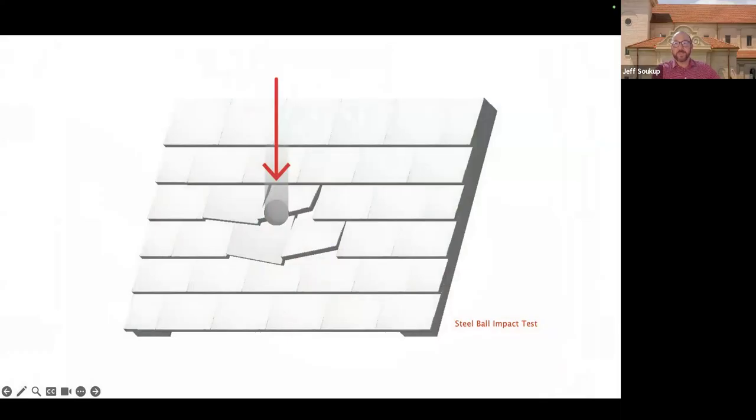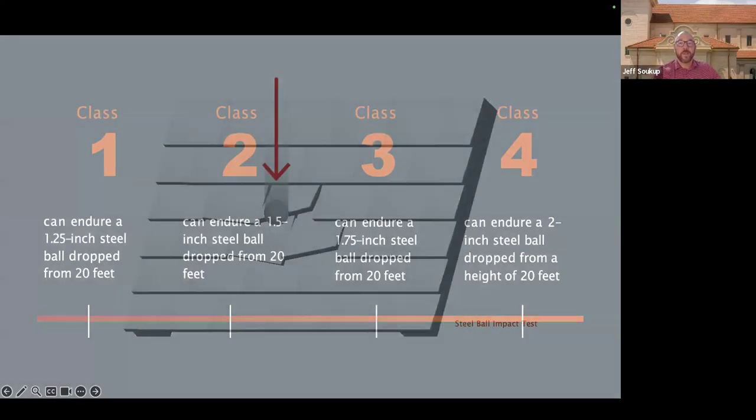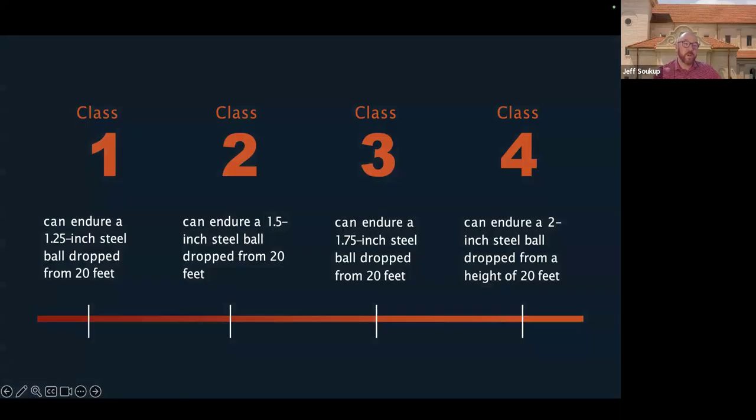You're taking a steel ball and you're dropping it on your roof. So what we want to see is how much can we endure. So you take a 1.25 to a 2-inch diameter steel ball, and you drop it from 20 feet twice in the same spot on the roof, and then you evaluate the results.